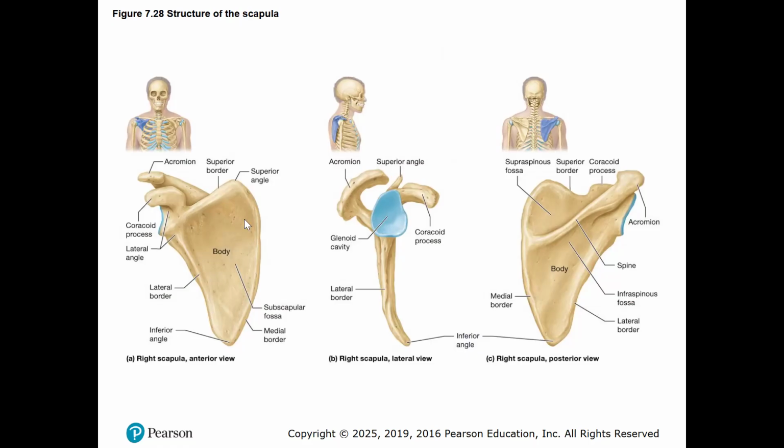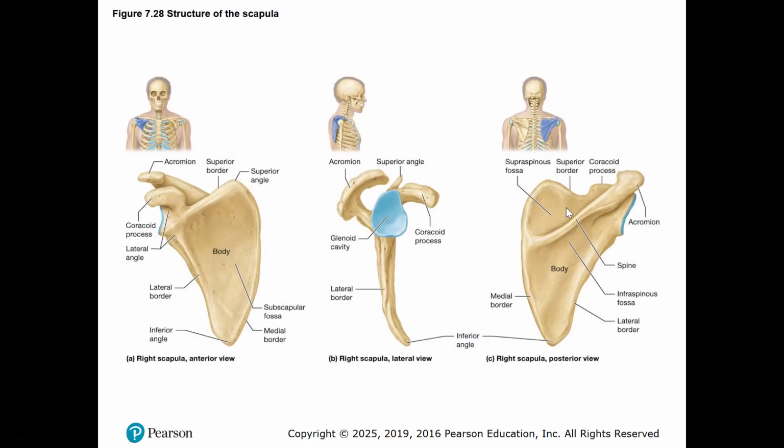And you see the suprascapular fossa here of the scapula and this inferior angle that is unique to the scapula. When you look at the lateral view here, you see that glenoid cavity, that acromion curve we spoke about, and that coracoid process.